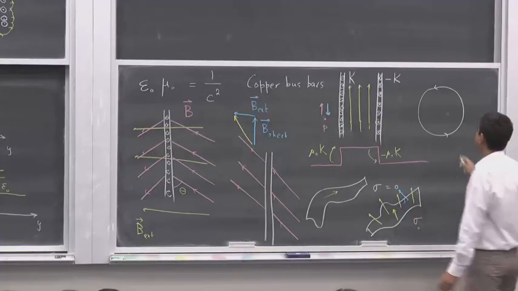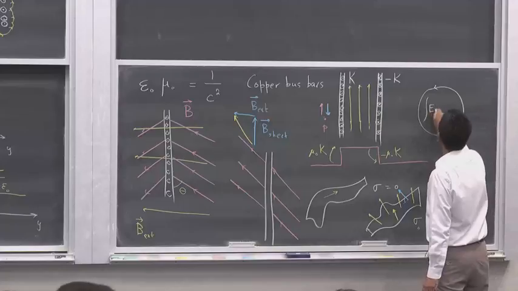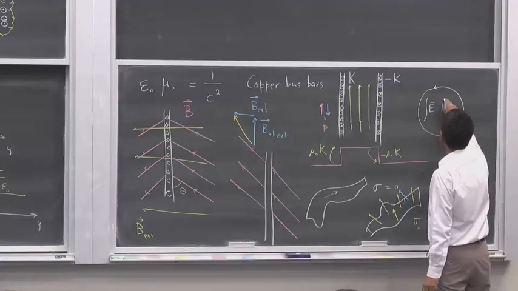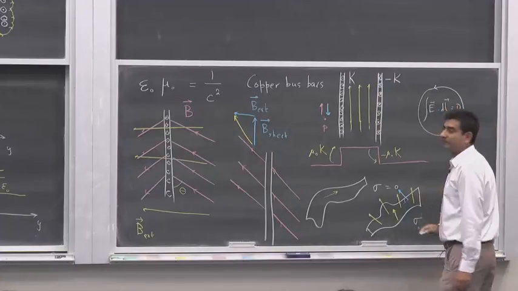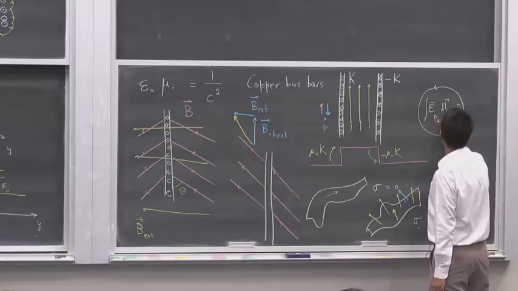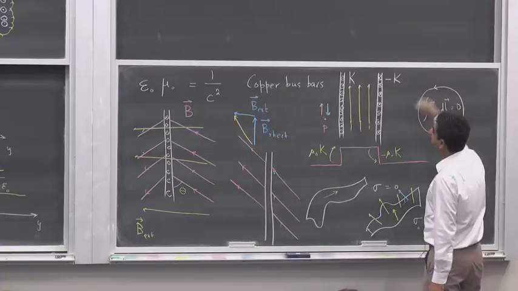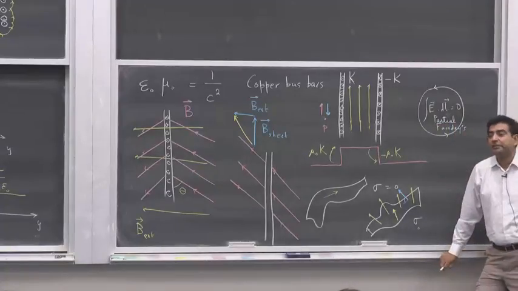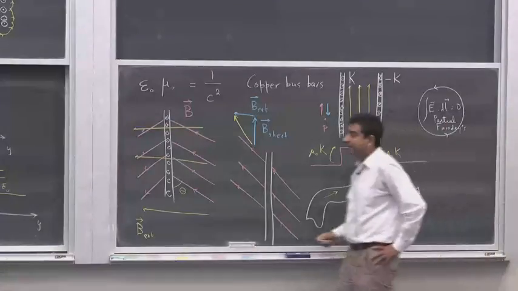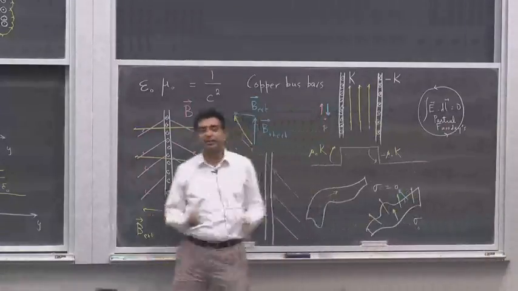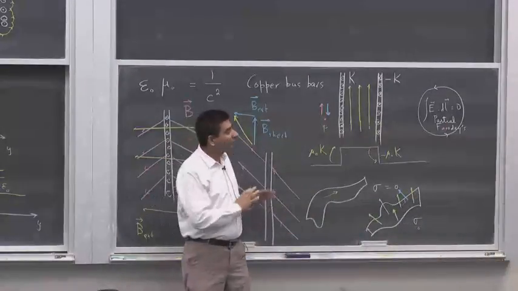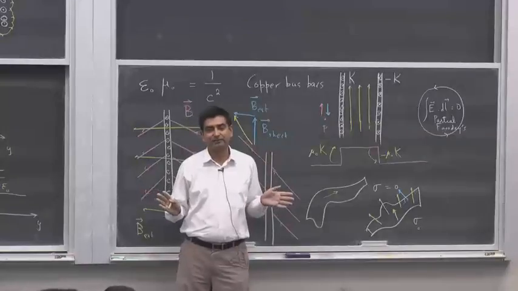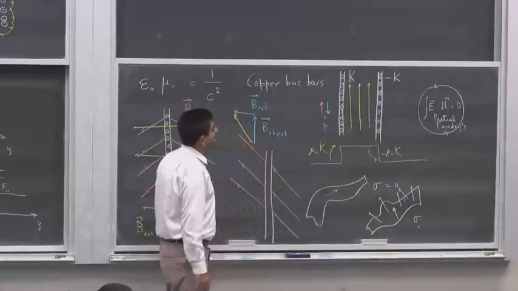So this simply is E dotted with dl around a closed path is 0. So this again is an impossible electric field. So the world of magnetic fields and electric fields is extremely rich, extremely diverse, and it has huge practical applications. Now let's look at some more examples.